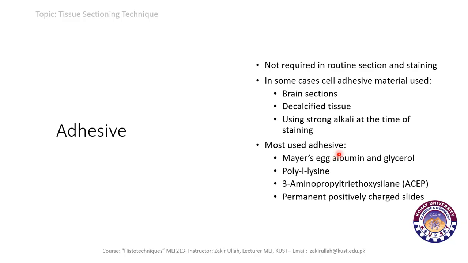The most commonly used adhesives include mare's egg albumin and glycerol, poly-L-lysine, 3-aminopropyltriethoxysilane, and permanent positively charged slides. These are the 4 different types of adhesives used for the different situations.